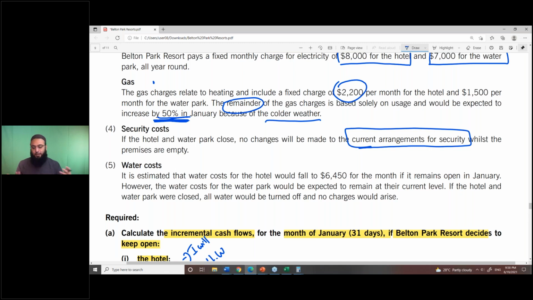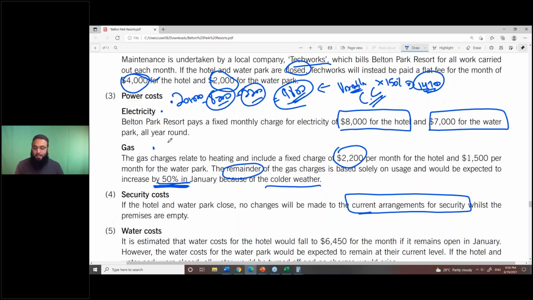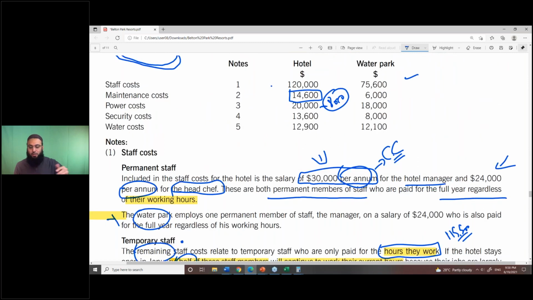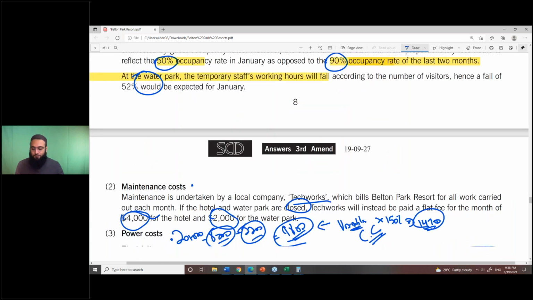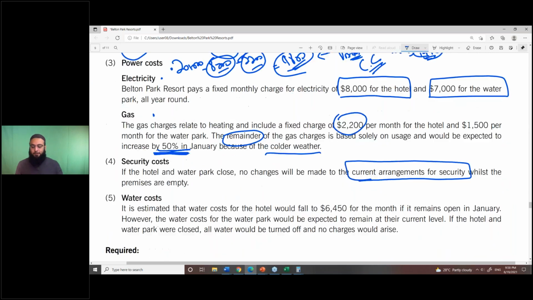It says that no changes will be made to current arrangement security while premises are empty, which means that your security cost is 13,600. Is this cost relevant or irrelevant for you people? What do you think?